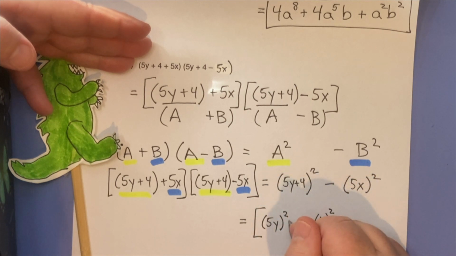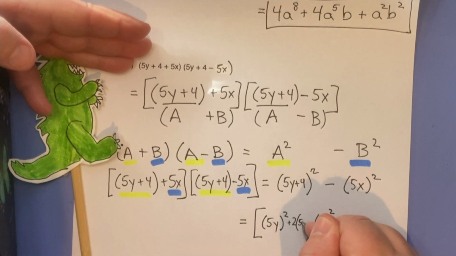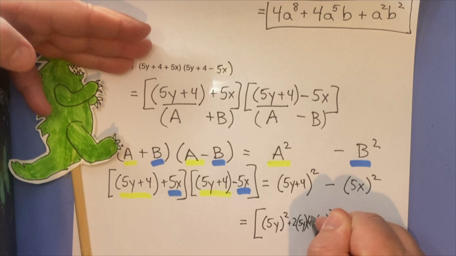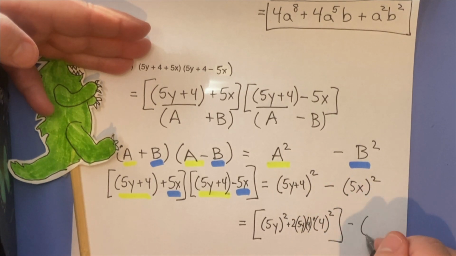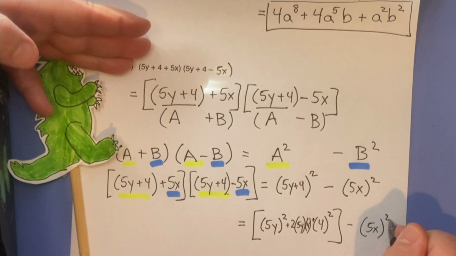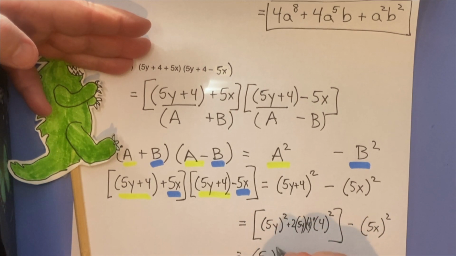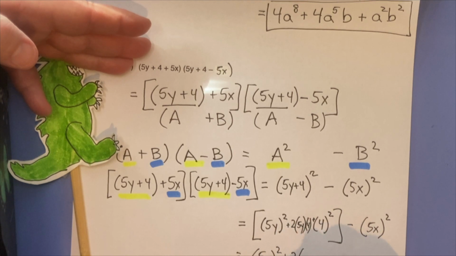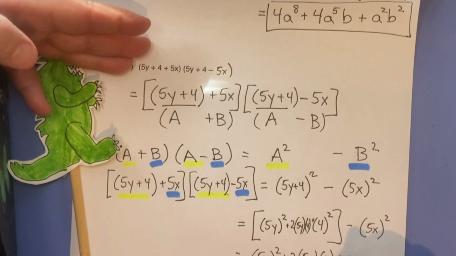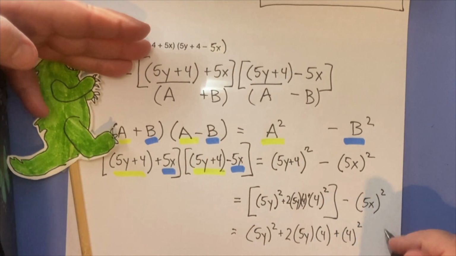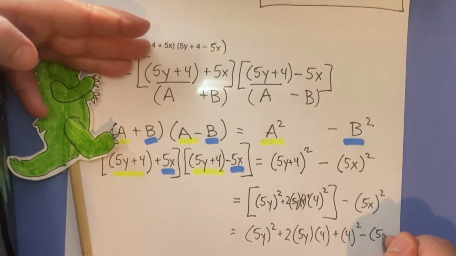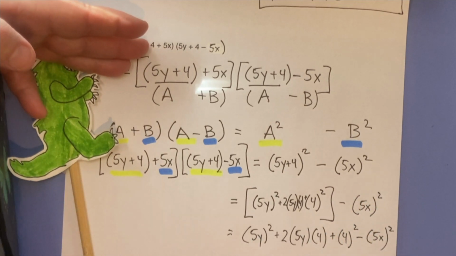The delicious double. 2 times 5y times 4 plus. So this says the quantity 5y squared plus 2 times 5y times 4 plus 4 squared minus 5x, the quantity squared.